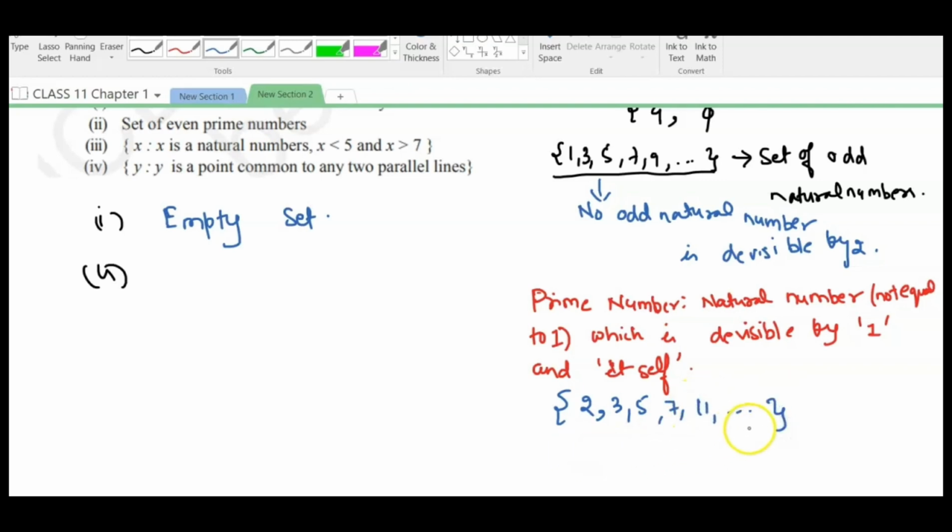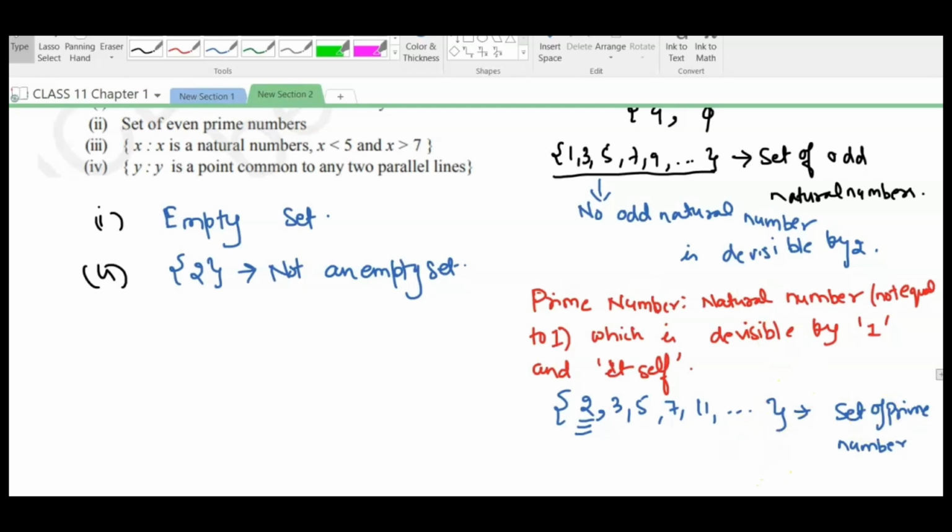So the collection of all the numbers that are divisible by 1 and itself would be the set of prime numbers. Now there is one more characteristic, that it should also be even. So there is only one even prime number which is 2. So this set would be 2 and therefore this is not an empty set.